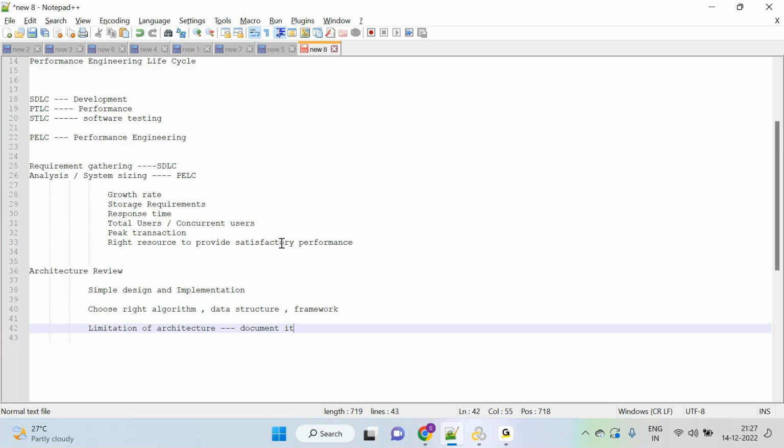That's where the performance engineer should be involved in the early stage to understand the architecture and data flow, how it is happening right from the top system to the bottom system, how the communication is happening. Why can't this be done in the other way also? Why is the data traveling to multiple systems? All those questions you have to get clarity on while you are going through the architectural review.